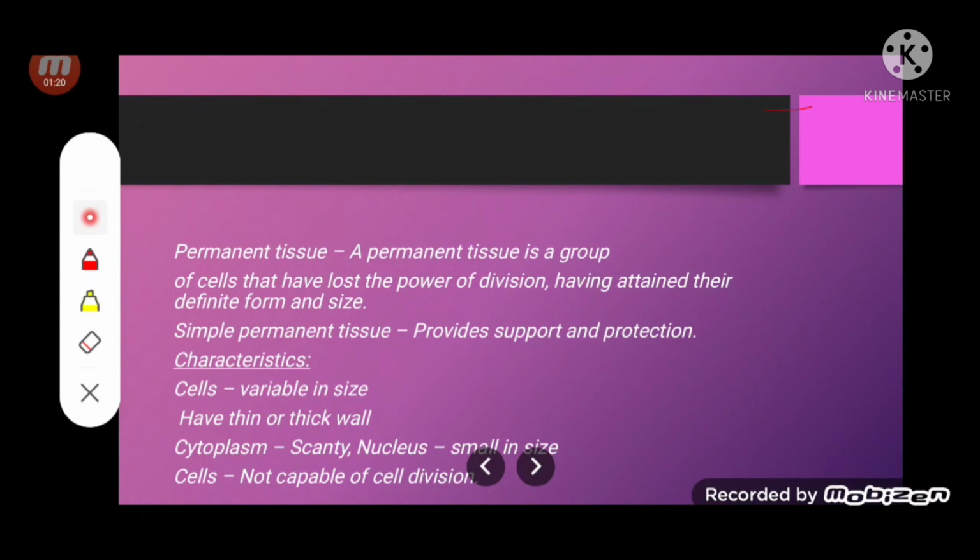Whereas in meristematic tissue, if you recall, they have a very dense cytoplasm. Why do they have a dense cytoplasm? Because they have to divide again and again. If you can remember, they are dividing repeatedly. That's why they had dense cytoplasm, whereas permanent tissues have scanty cytoplasm.